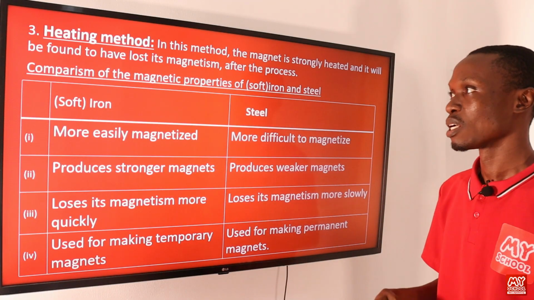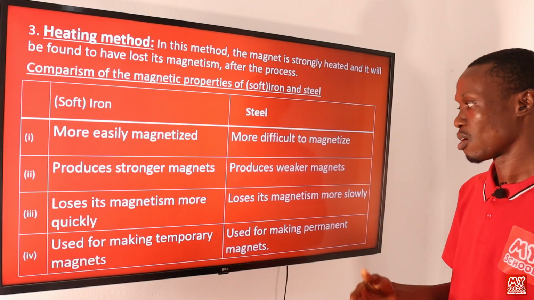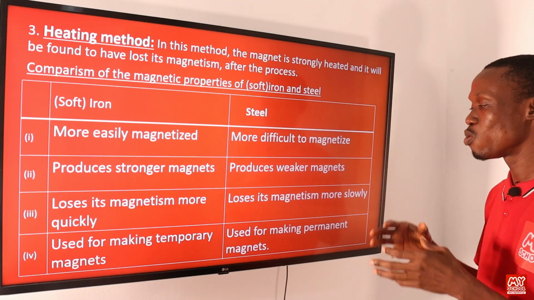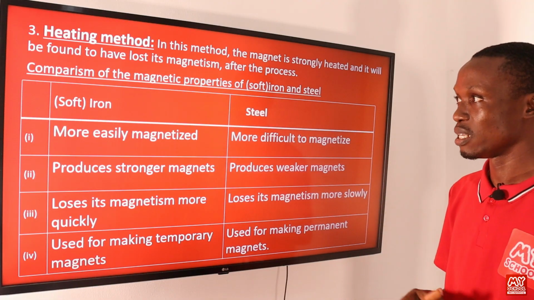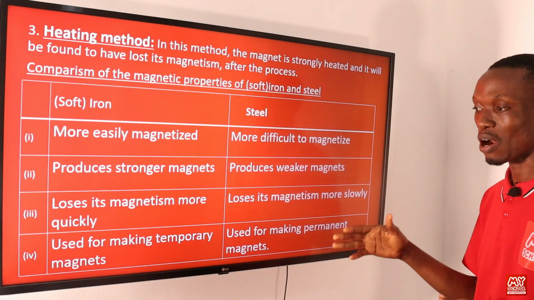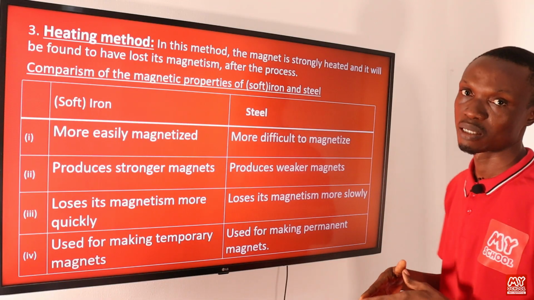Number three, the soft iron loses its magnetism more quickly, while the steel loses its magnetism more slowly. Last but not least, the soft iron is used for making temporary magnets, while the steel is used for making permanent magnets.